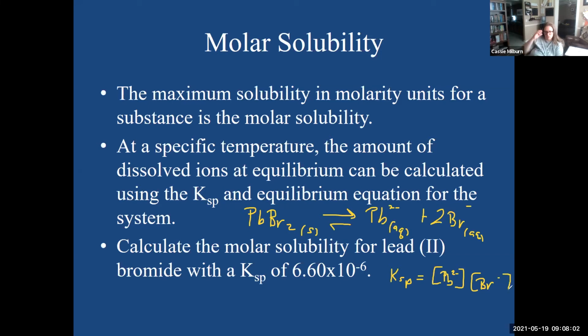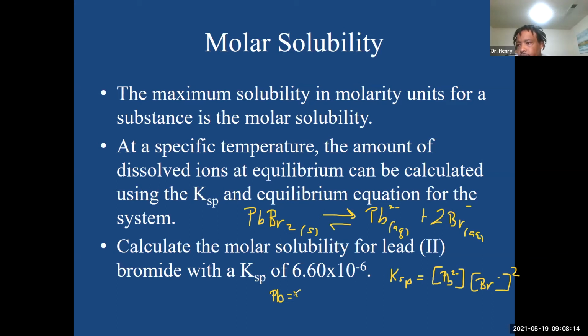Sorry, exponent 2. Yeah, I knew what you were saying. And then we know that if we say Pb is equal to X, the concentration of Pb is equal to X. So then you have to double your Br, that's right.